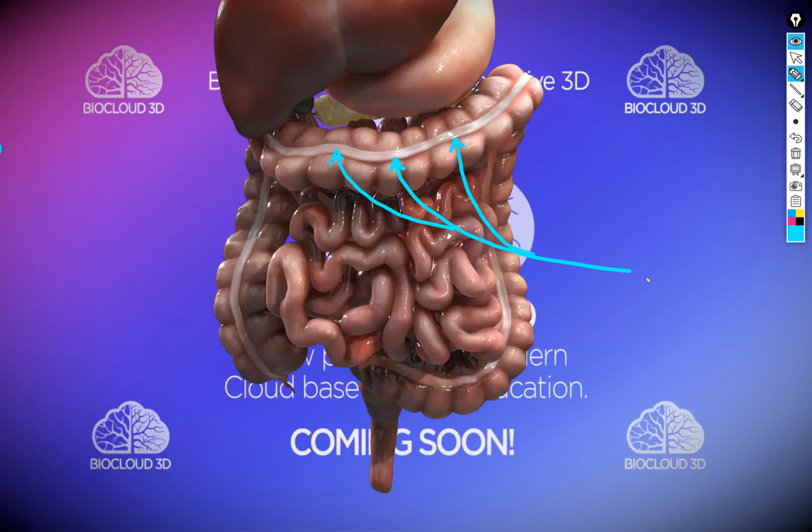And collectively, they're named the Taenia coli. So Taenia coli is plural. Taenia is singular. So all of your intestines have an outer and an inner muscular layer to achieve peristalsis.